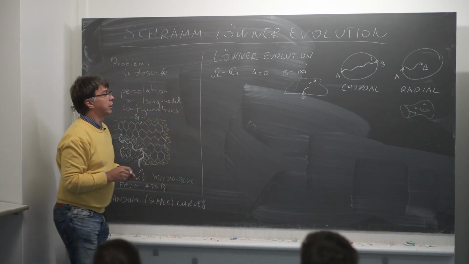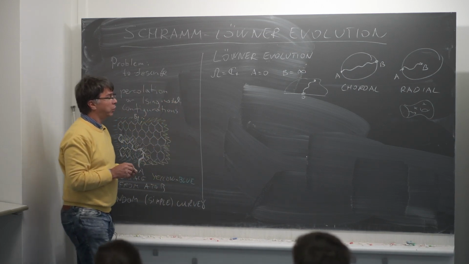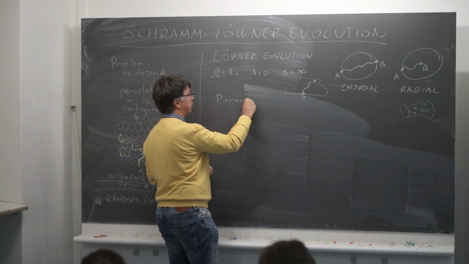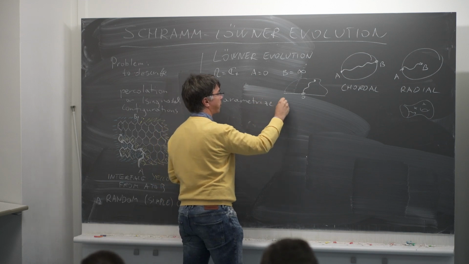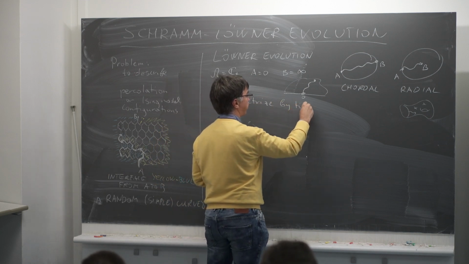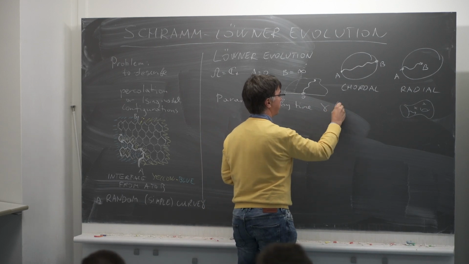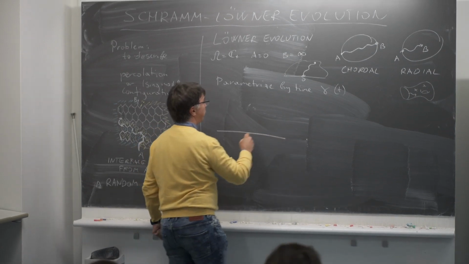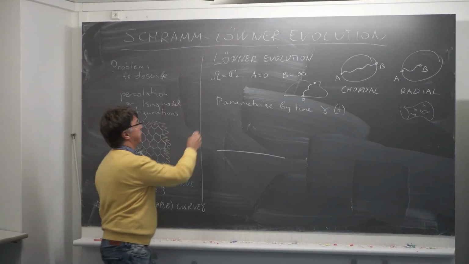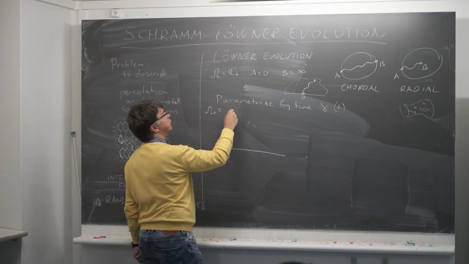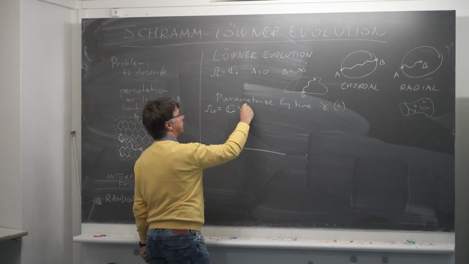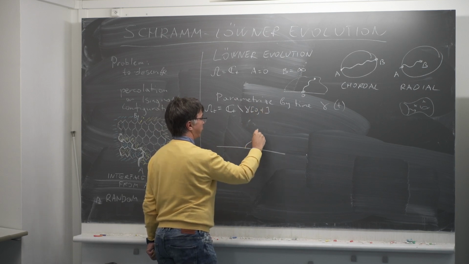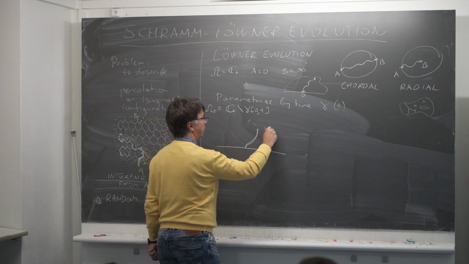So what we do, we parameterize this curve in some way, parameterize by time. So it's a curve gamma of t. Then we have a domain, let's say omega t, which is the upper half plane minus gamma from 0 to t. So you draw your curve up to time t, so gamma[0,t].